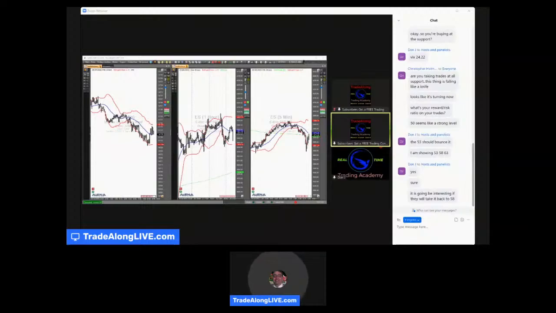Nice rotation there against our 74, a little price action opportunity there.